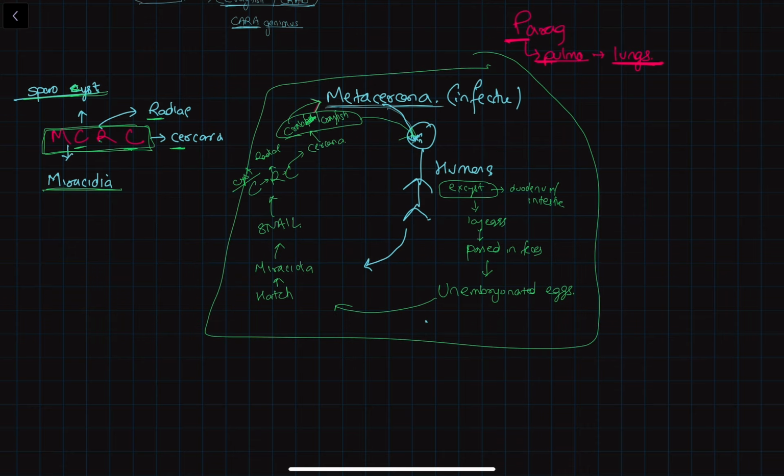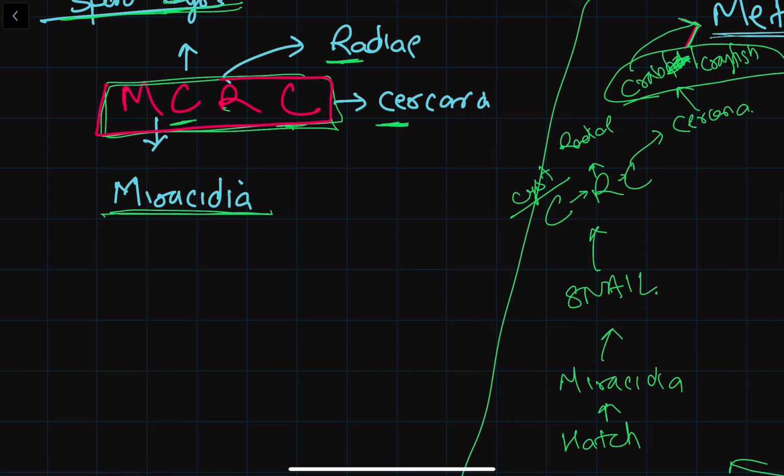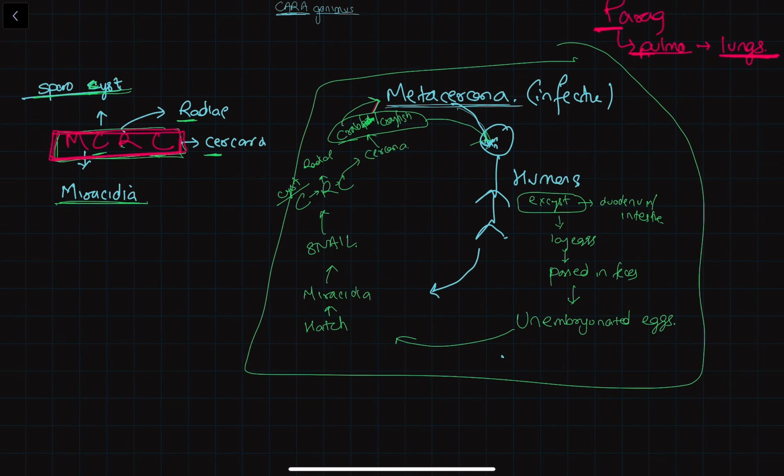What you need to remember is MCRC, the stages through which these eggs pass externally: miracidia, sporocyst, redia, cercaria. Then they convert into the metacercaria, which is the infective form, as I have already told.